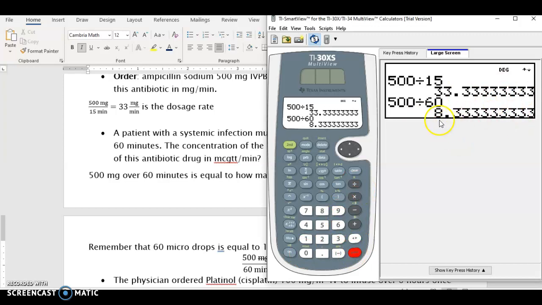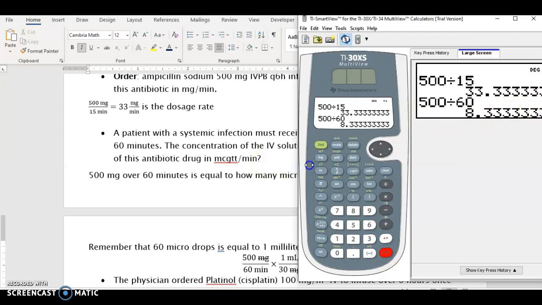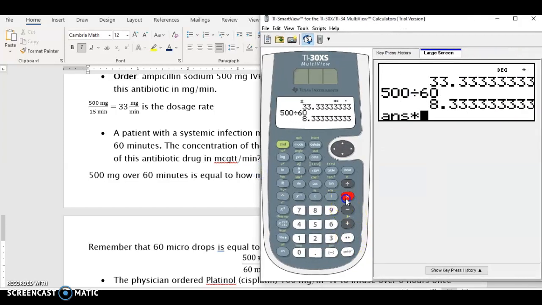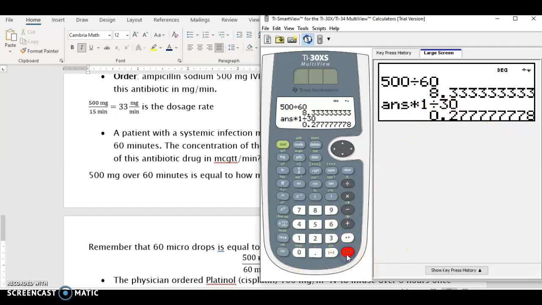Do not round it; leave it as 8.3333. Then we multiply by 1 and divide by 30. Multiplying by 1 has no effect, so we take 8.33333 divided by 30.